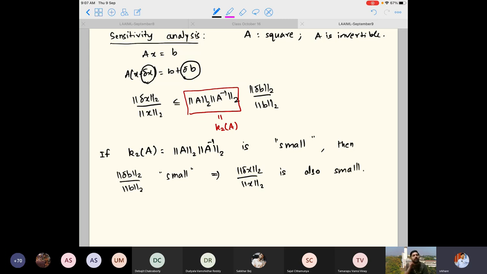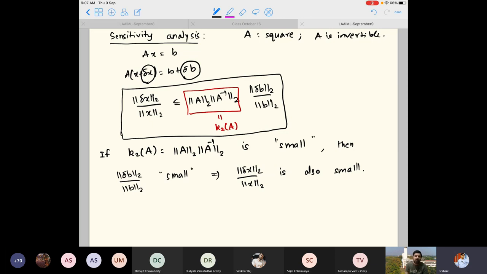This qualitative statement is actually being derived from this particular numerical result. So this is the quantitative statement, and it helps us make certain claims: if the condition number is small, then a small perturbation in b results in a small perturbation in x.